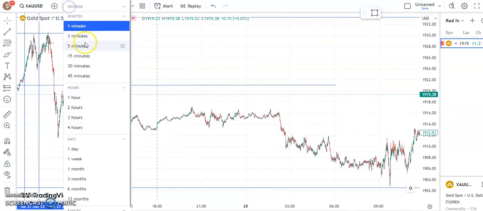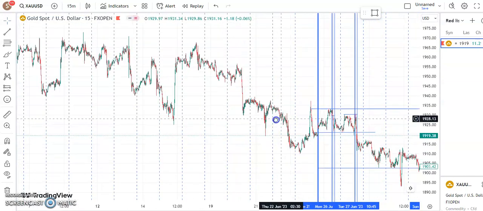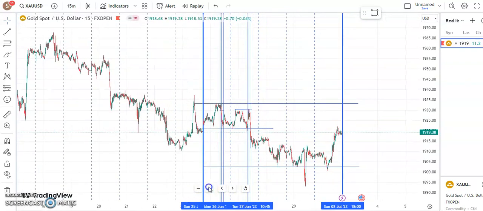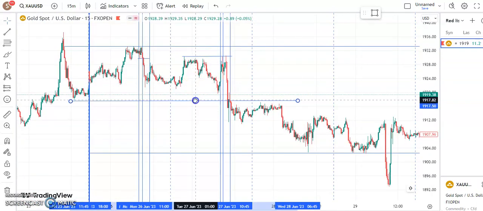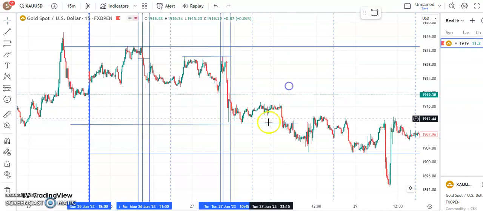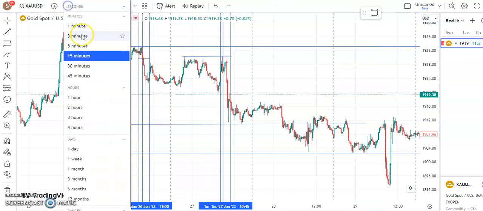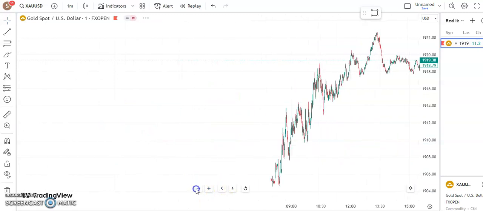Now let's go to the 15-minute time frame so that we can adjust our low of the day and our low of the week. So we have Monday, Tuesday. I want to take this to our low of the week. Now this is our low of the week on Tuesday. On Wednesday, I remember it was a break-even trade for me.